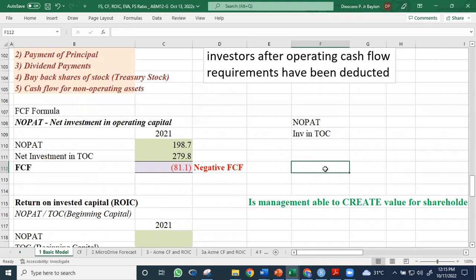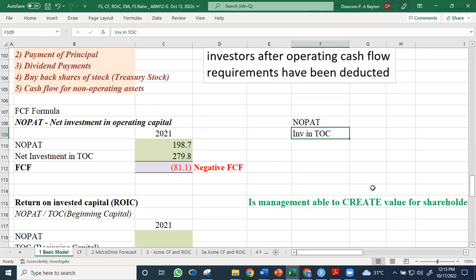Okay? So, for that matter, lagi bang yung positive free cash flow, lagi bang okay yun? In the same regard, guys, not always. Not always. Kasi, baka positive yung NOPAT, pero yung investment natin in TOC is very small. So, pag ganun, tataas yung free cash flow natin, magiging positive. But, okay, we said, total operating capital is very important because that will fuel the revenues of the company.